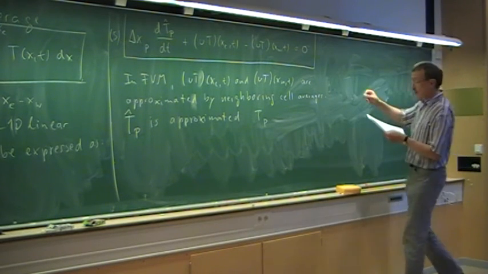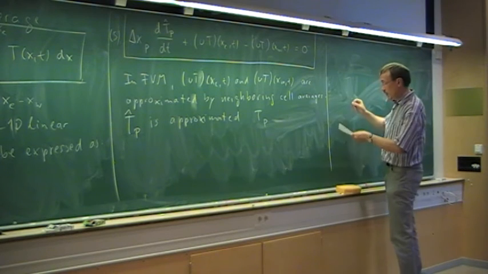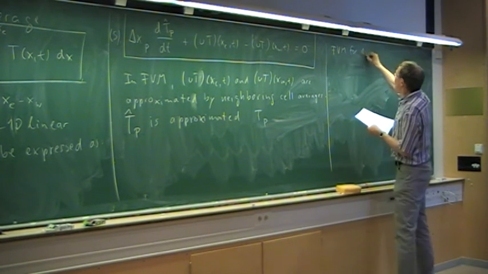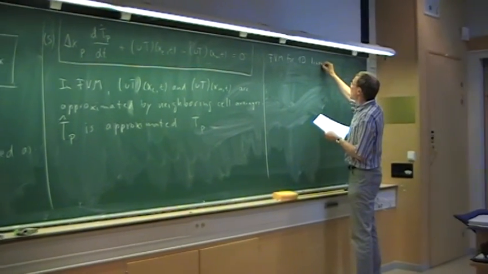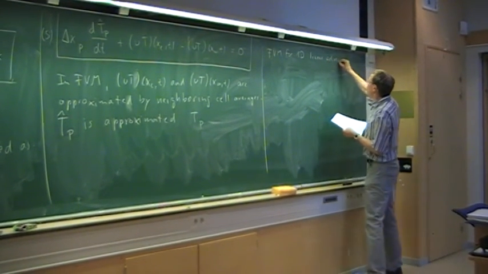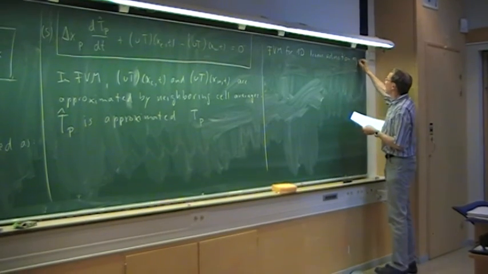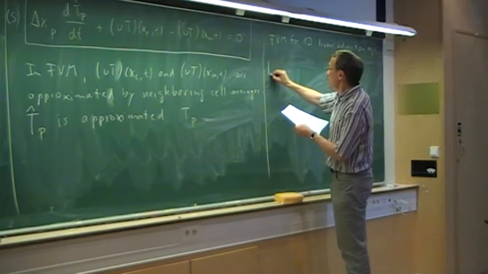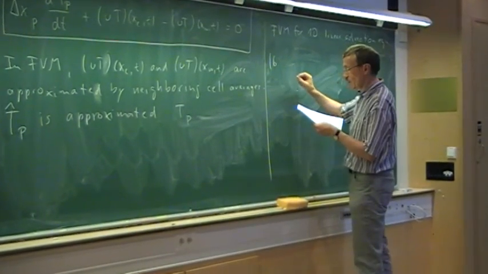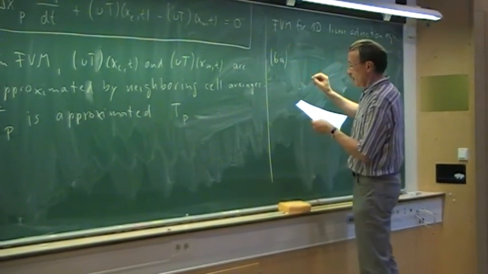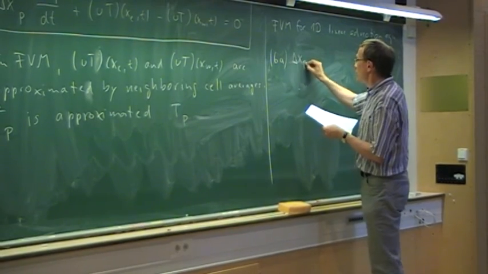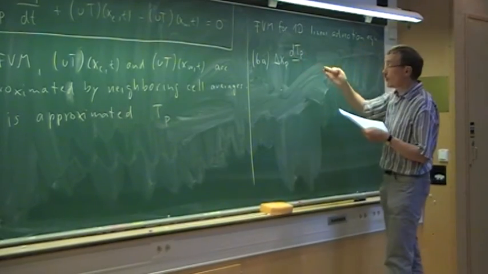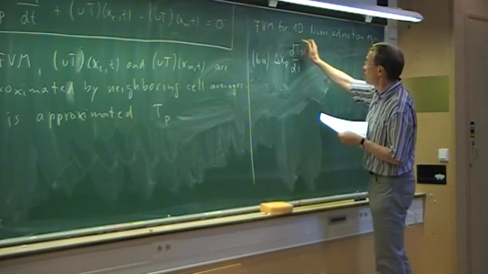So then in the finite volume method for the 1D linear advection equation, if we use the notation with P and so on, we get the delta x times the time derivative of T_P. Now it is the finite volume approximation of the cell average, so I have removed the hat.